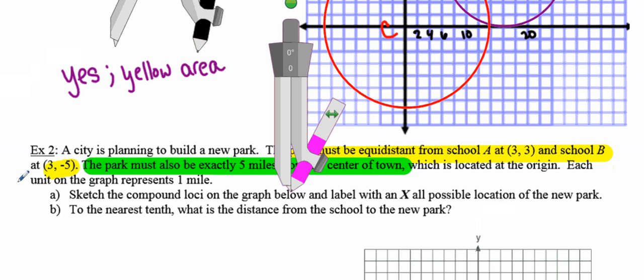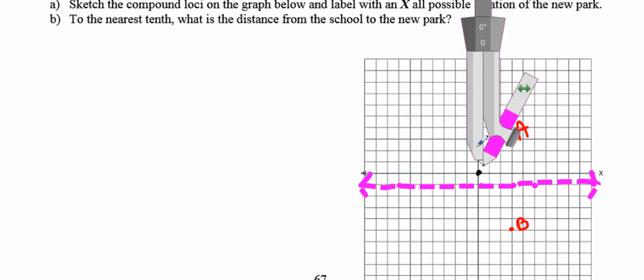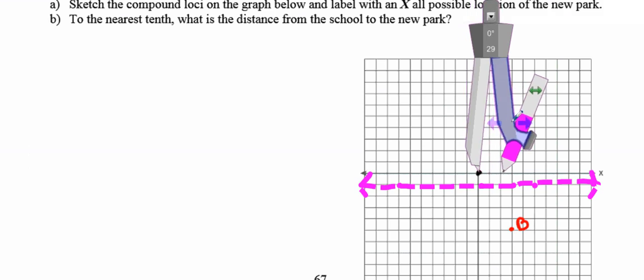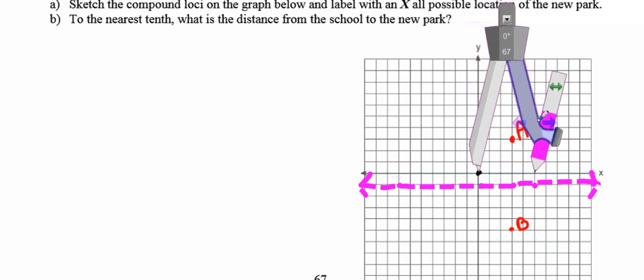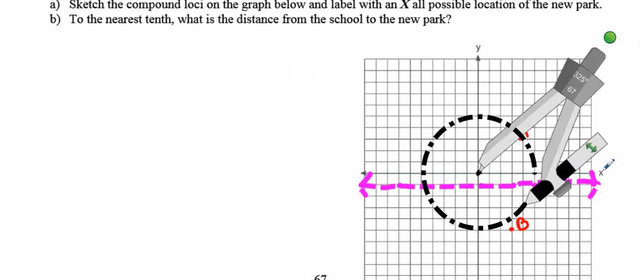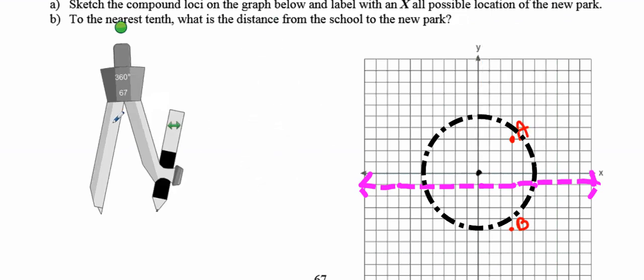Precision is important here. So anybody on that circle meets the criteria that it's exactly 5 units from the center of town.